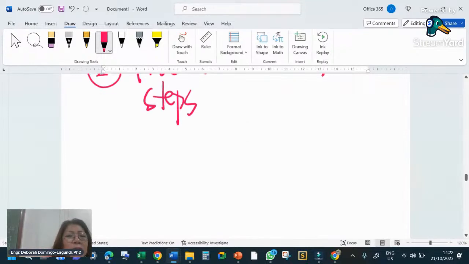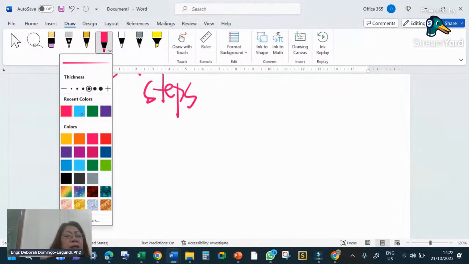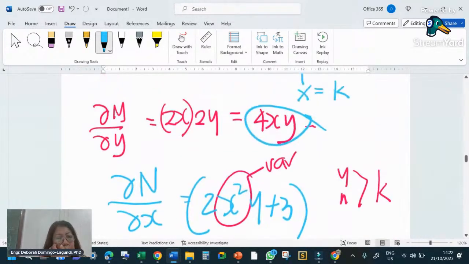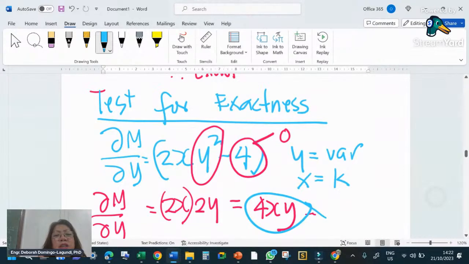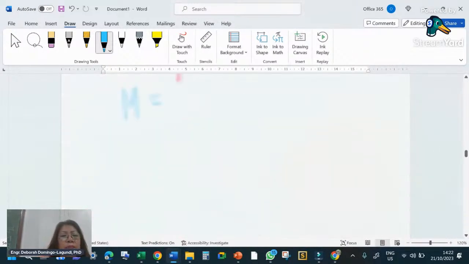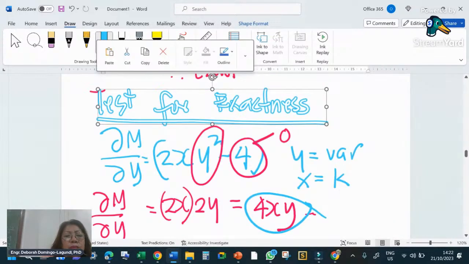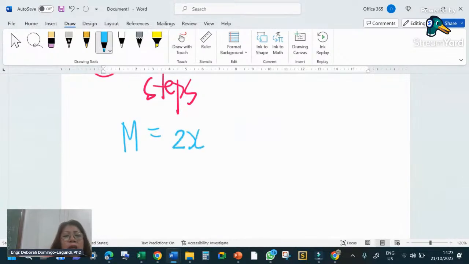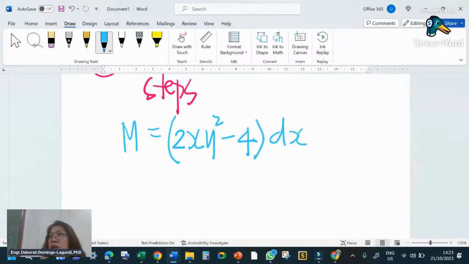So m is equal to 2xy squared minus 4 dx. So we have the partial derivative of m with respect to x. Let's take that one now.